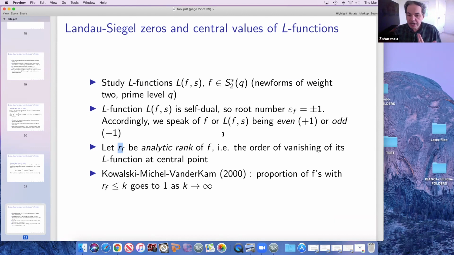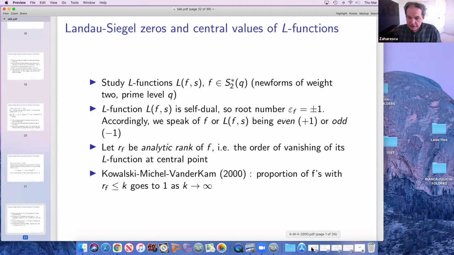Now we knew already from work by Kowalski, Michel, and VanderKam, already in 2000, that unconditionally the proportion of f's with analytic rank less than or equal to K goes to 1 as K goes to infinity.